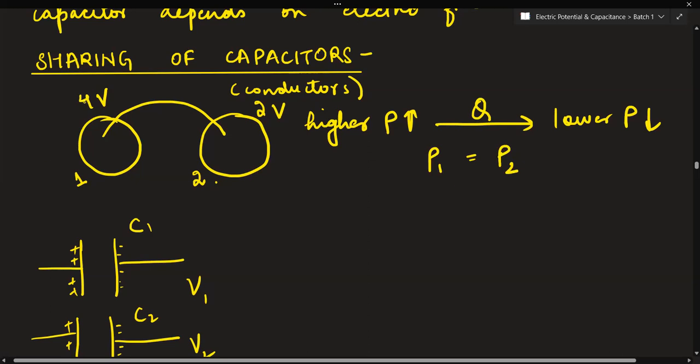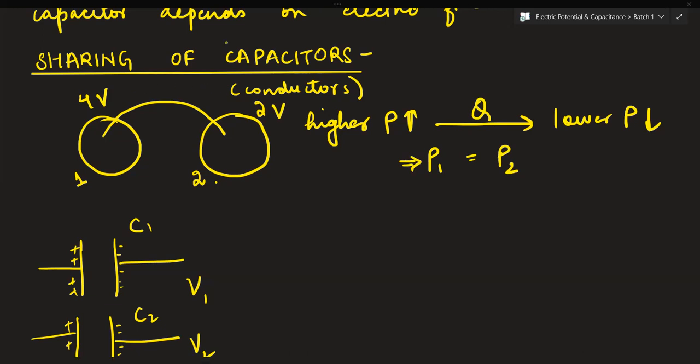Potential in the first conductor becomes equal to the potential in the second conductor. Until this condition is achieved, the charges will keep on flowing from the higher one to the lower one. This is known as sharing of conductors, sharing of capacitors. This is valid for capacitors as well as conductors.